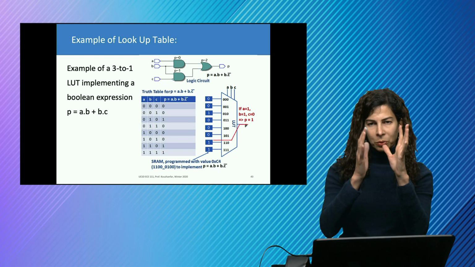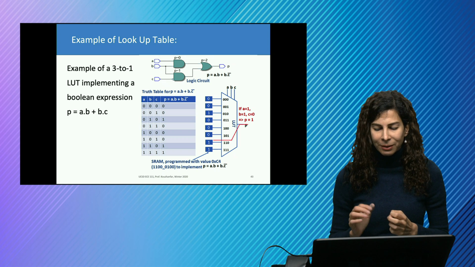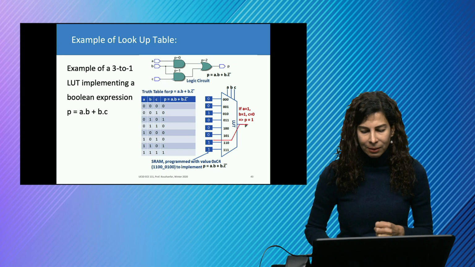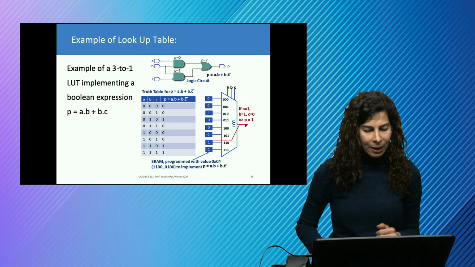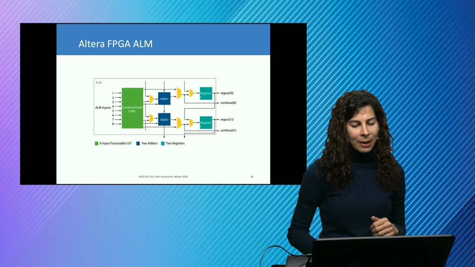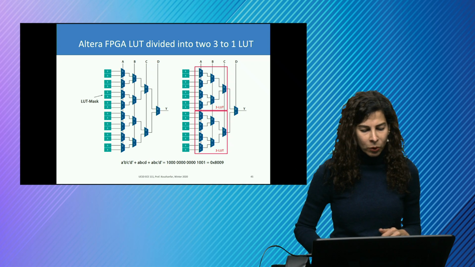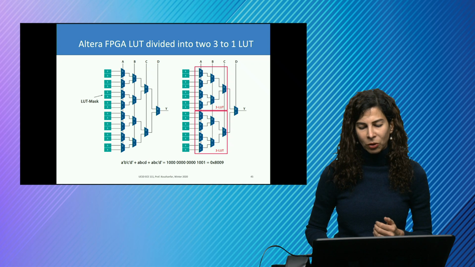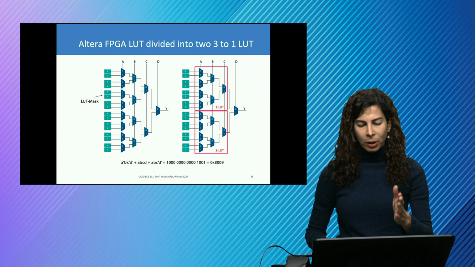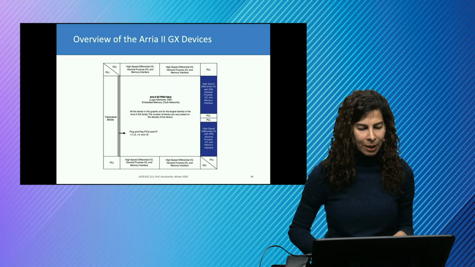We are not showing those different hierarchies of a multiplexer, just showing one 8-input multiplexer that is making the selection between the 8 for making the Boolean expression based on A, B, and C. The structure is again seen here, but of course, if you have 6 inputs, we have a hierarchy of the multiplexers that are 2-input, as shown here. So 4 to 1, we have 7 of them to make a 6-input LUT.